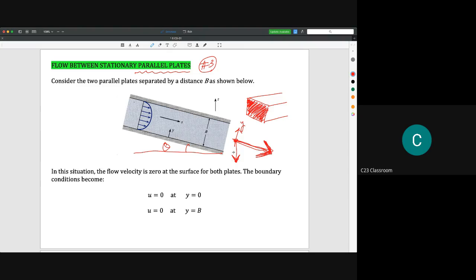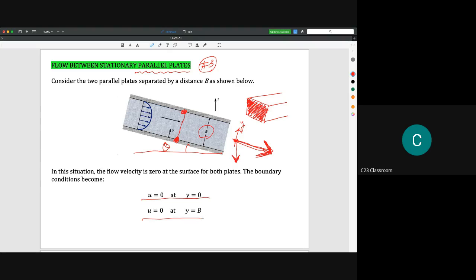Next, I hope you could understand how to take the boundary conditions. For example, we have the height here as b. We could say that at y equal to 0, the velocity is 0. And at y equal to b, because the height here is b, the velocity is also 0.